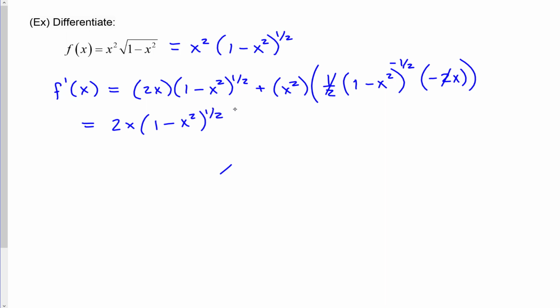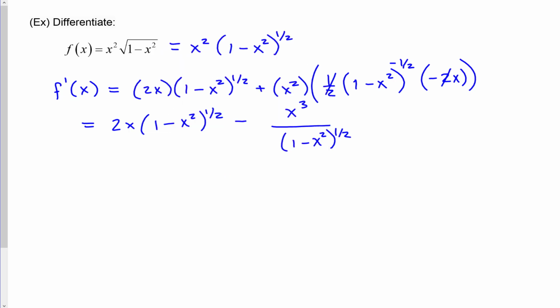And then on the other side, this negative is going to make this a minus. And I'm going to put x cubed in the numerator, and then put in the denominator 1 minus x squared to the positive 1/2 power. Now, that gets me started.